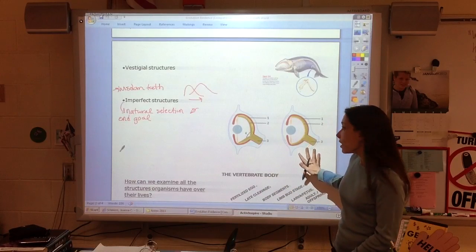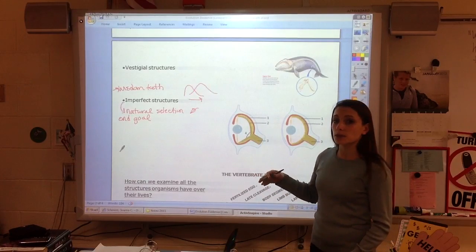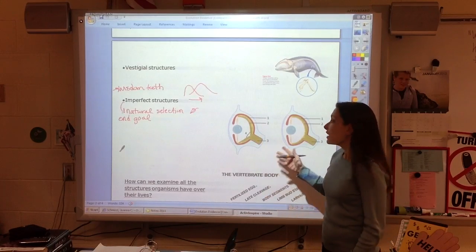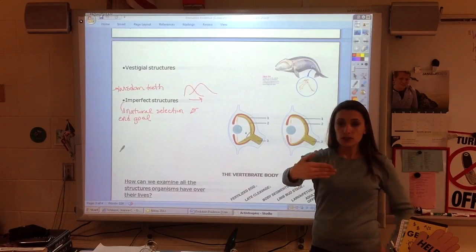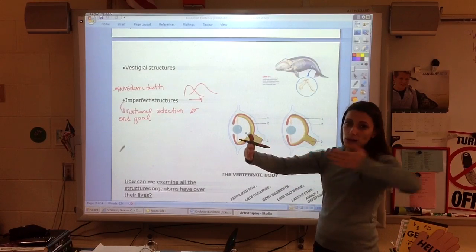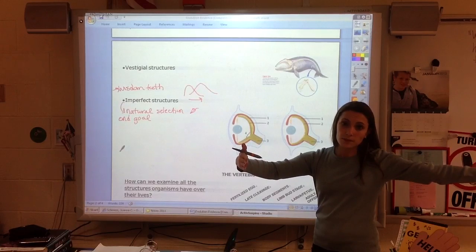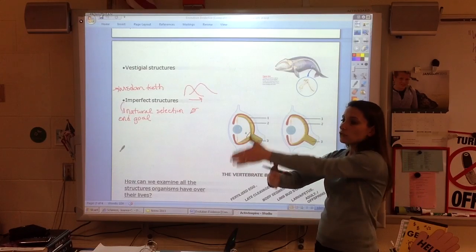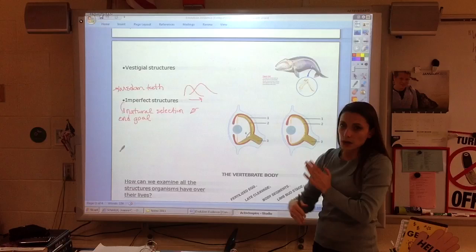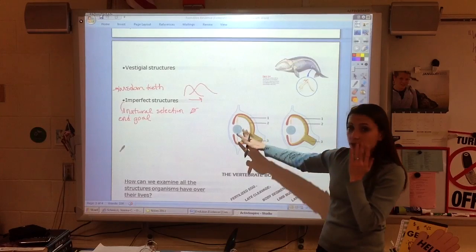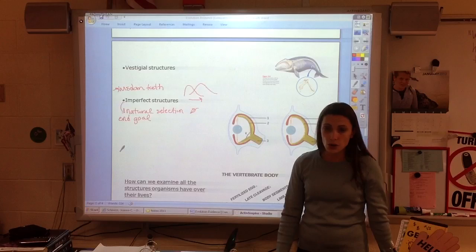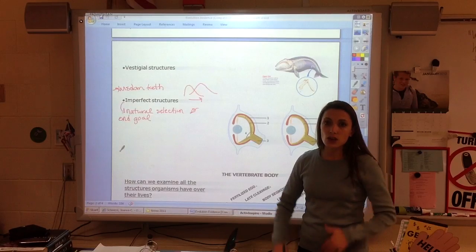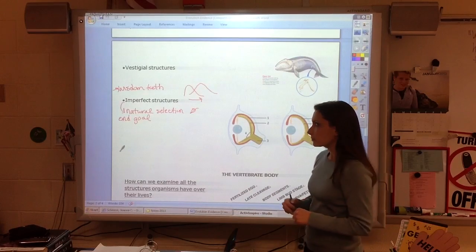Versus the mollusks will sometimes only have one giant eye. And this is because their receptor is first, and then the nerve is behind it, leading directly to the brain. Versus in the humans, the nerve is first, and then the receptor is behind it. So imperfect structures really support the idea that natural selection has no end goal. It has no perfection idea.